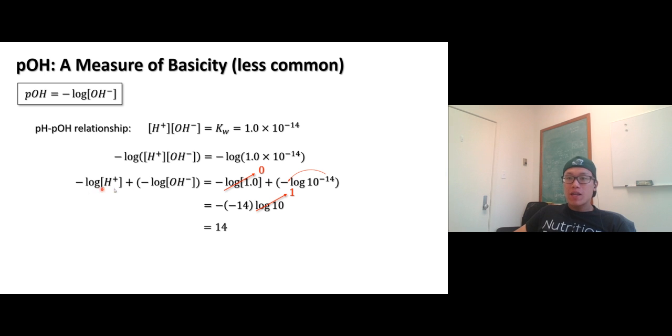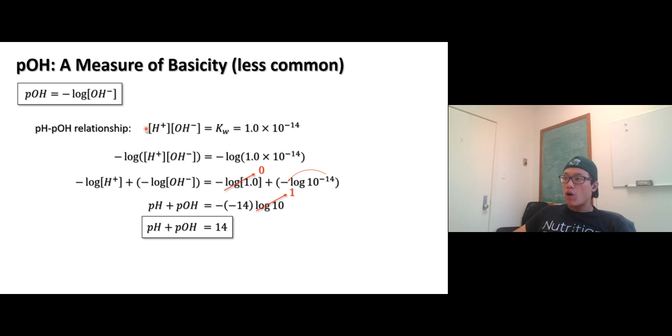Are you familiar with that? That's the pH, by the definition. Same thing, negative log of hydroxide ion right there, so it's the pOH. Basically, pH plus pOH is 14.